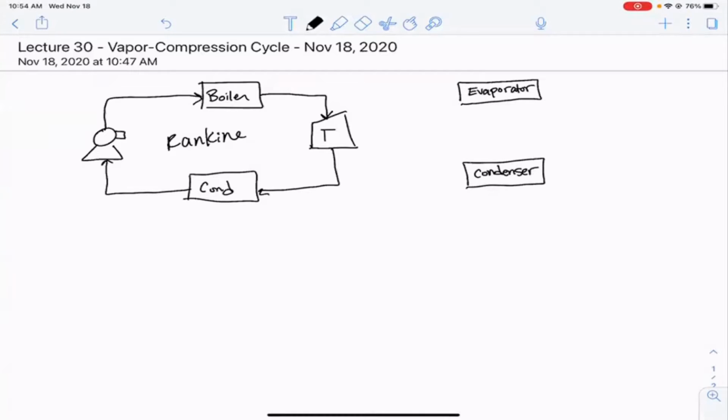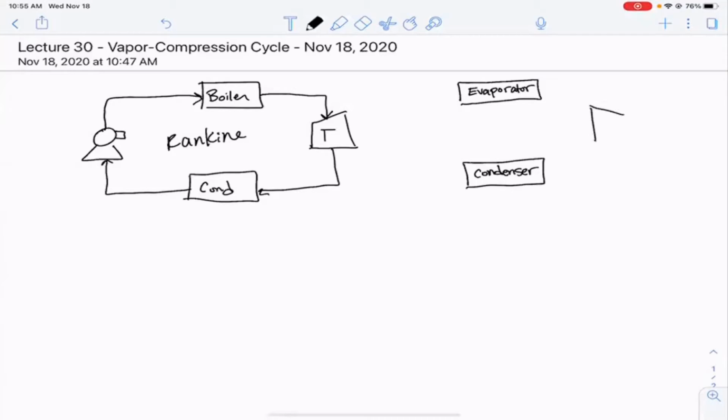And remember, the difference between a power cycle and a refrigeration cycle is that in a power cycle, you add heat to extract work. In a refrigeration cycle, we're going to do work to remove heat. In the power cycle, we had a turbine where we were getting work out. In the vapor compression cycle, we now have to do work, and that's going to be in the compressor.